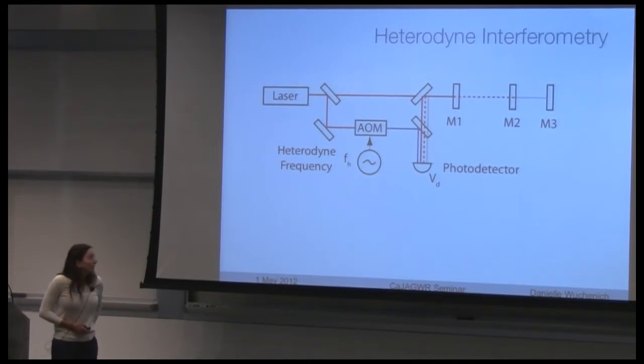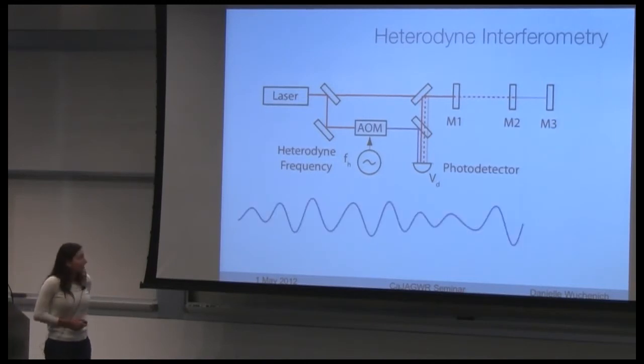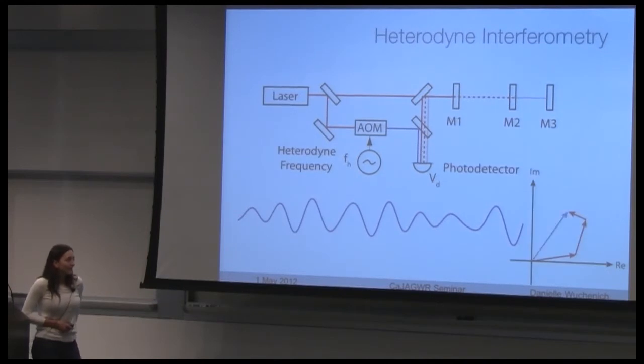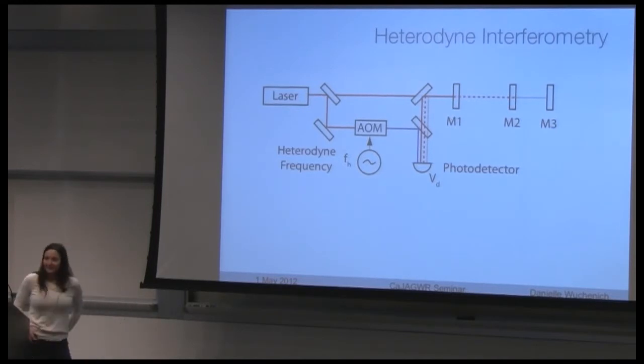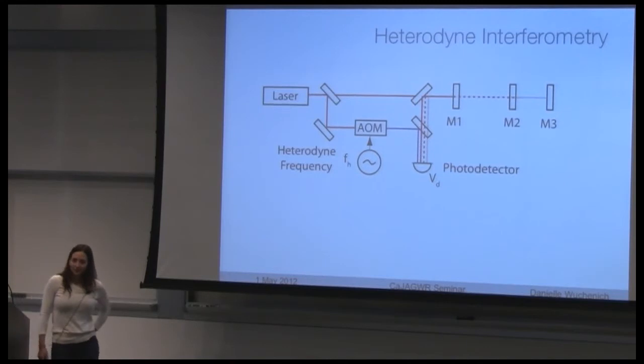The problem, though, is when you have multiple scattering sources or multiple elements that you're trying to measure. Say we have reflections off of 3 mirrors, and we were to look at the detector here. The net effect of all of these phasors adding together basically gives you something that doesn't really look like a nice sinusoid. And that's okay, but usually you don't want that in heterodyne interferometry. You want to look at one thing and measure the phase very carefully.